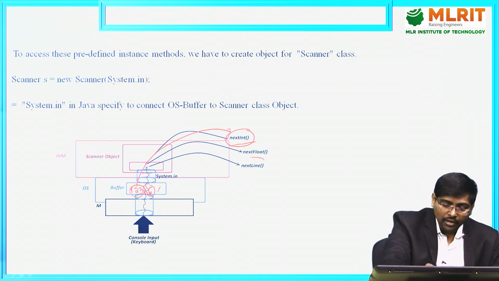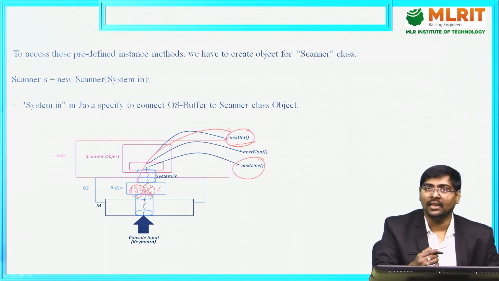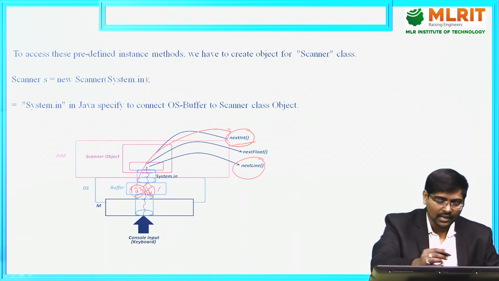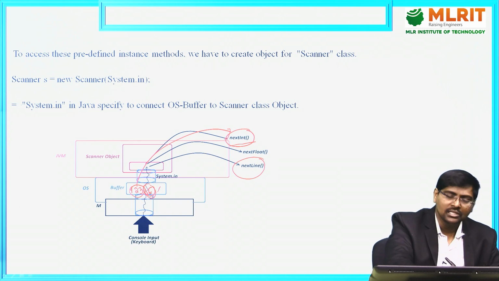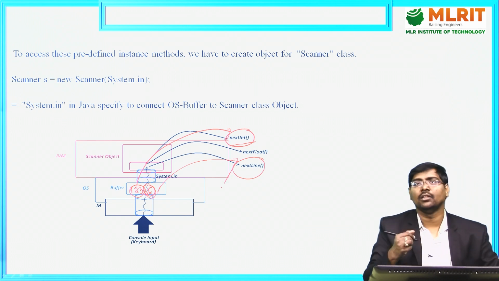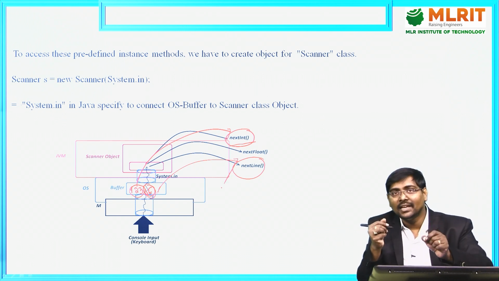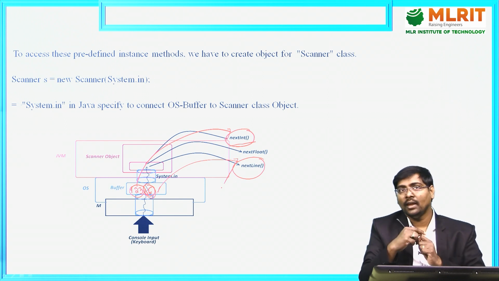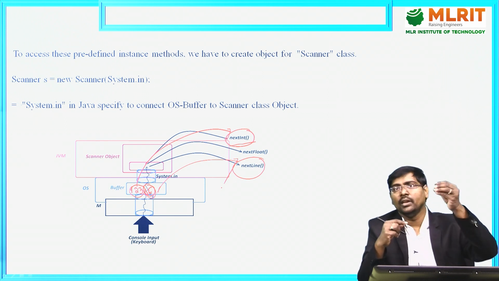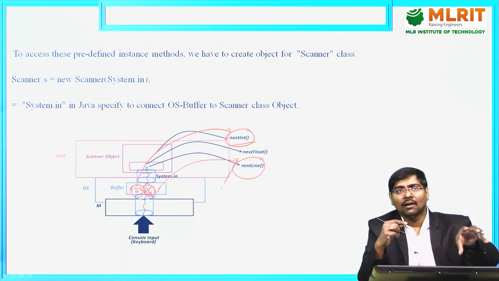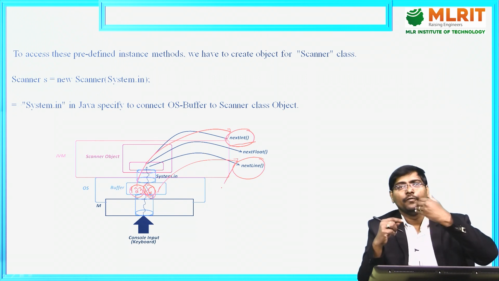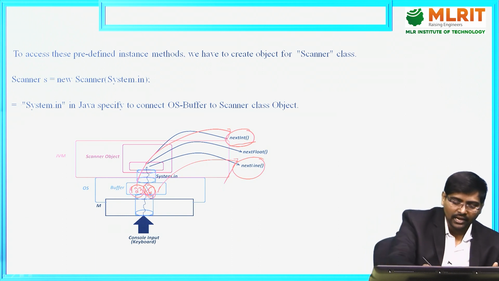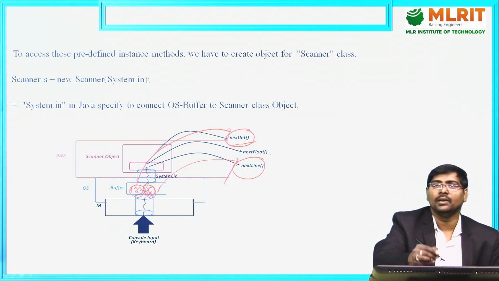Whenever you are using nextLine, already this buffer consists of one value. This is of string format. Automatically this empty is assigned to the string. That is the reason you are not allowed to read a string. Why? We are extracting only the integer, and an empty is available within the buffer. If you use the nextLine method, automatically this empty is taken.